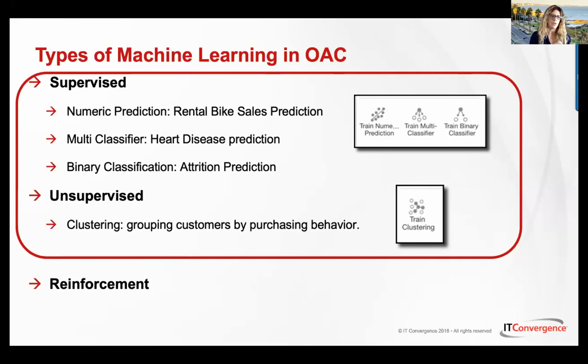Or you have a set of patients and you want to predict which ones are going to have a heart disease. Or binary classification, where the typical result is true or false, 1 or 0, yes or no, these two different possibilities.